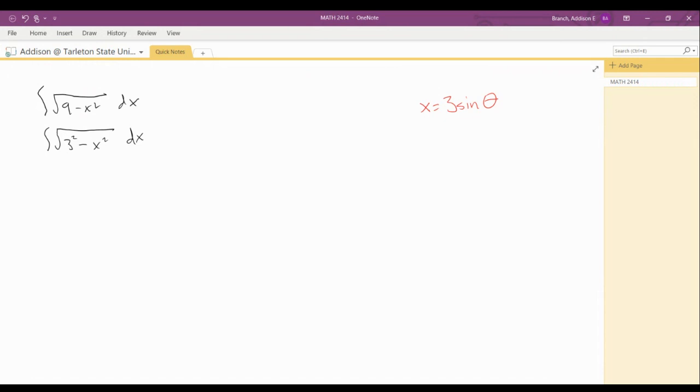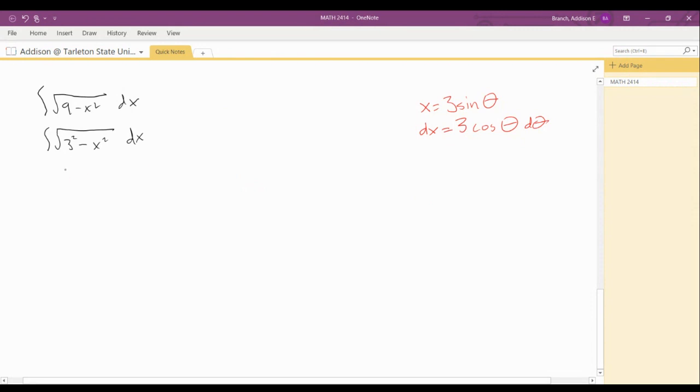You have to figure out what your d theta is. So if x is 3 sine of theta, your dx is going to be 3 cosine of theta d theta. Now anytime we see an x, we plug in 3 sine of theta, and we plug in 3 cosine of theta d theta for our dx, just like with u sub.